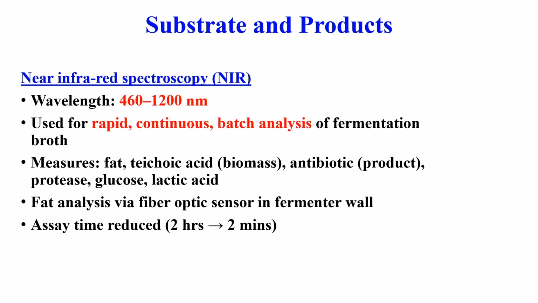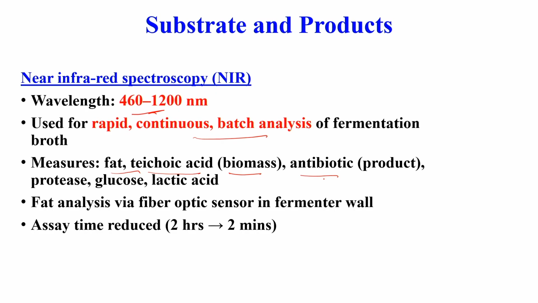And for the metabolites or even substrate, NIR spectroscopy is commonly used. The wavelength range is 460 to 1200 nanometer, and they are used for rapid, continuous and batch analysis of fermentation broth, and they can monitor even fat and biomass. If they are measuring teichoic acid, it is part of the cell wall of the biomass.